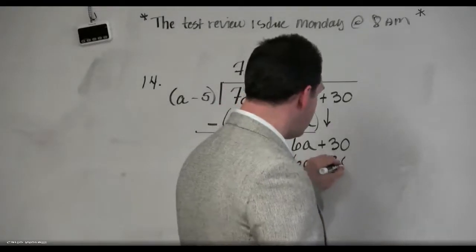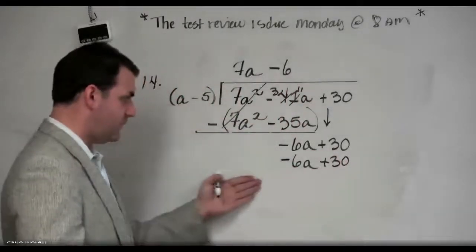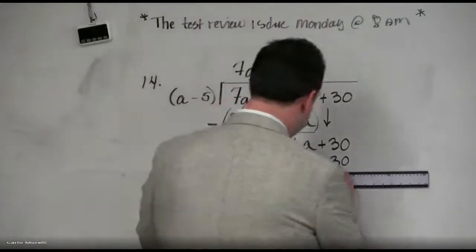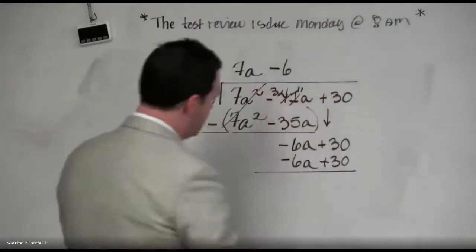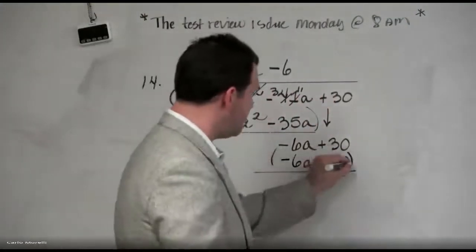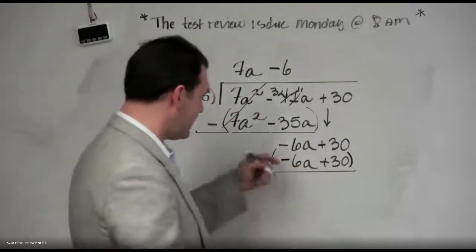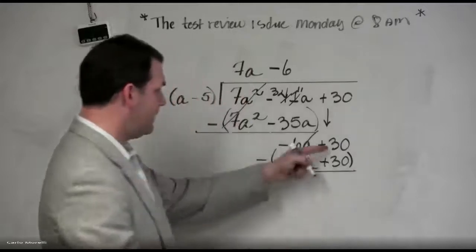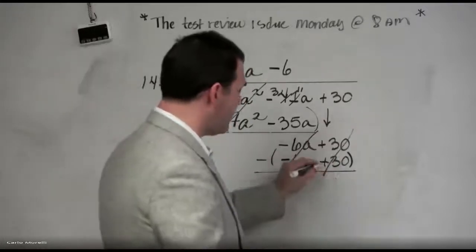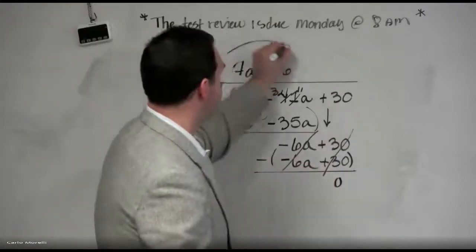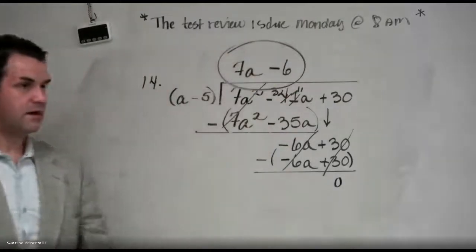So now you kind of know you did it right when they match like that. Draw a line, put parentheses, put a minus sign. Negative 6a minus negative 6a, that's negative 6a plus 6a, those cancel. 30 minus 30 is 0, those cancel, there's no remainder. Therefore, this is the quotient.